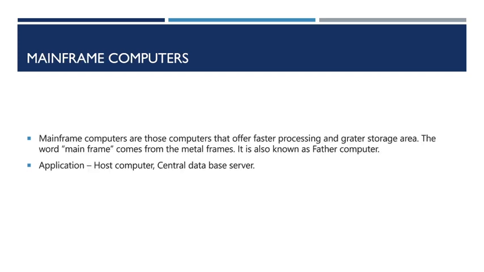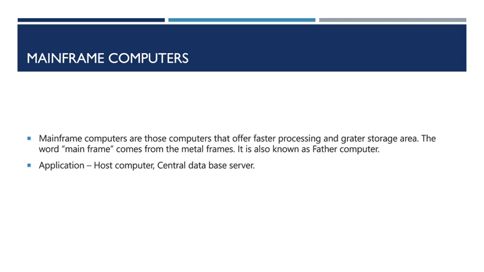And mainframe computers. What are mainframe computers? Mainframe computers are those computers that offer the fastest processing and greater storage area. Comparing to other computers, this has faster processing and greater storage area. The word mainframe comes from the metal frames. It is also known as father computer.